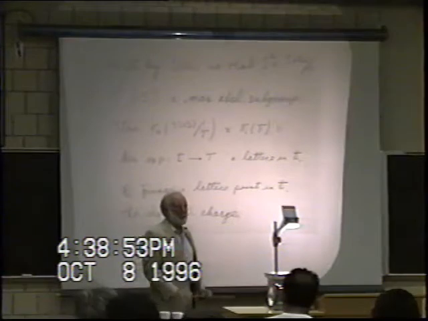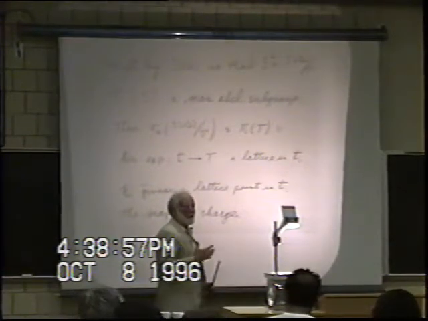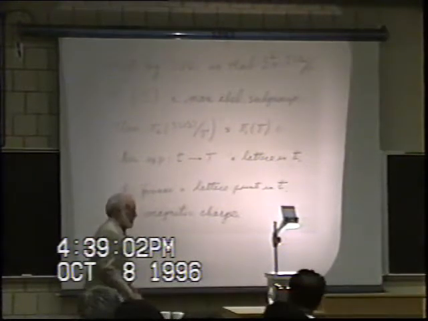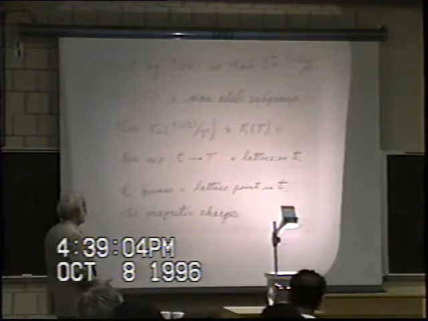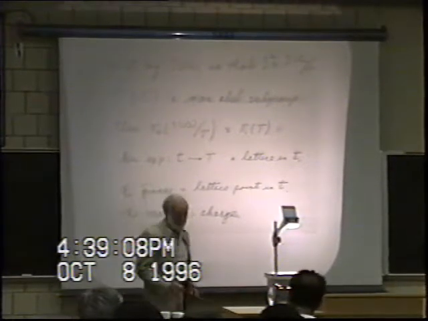The generalization of this will be that the lattice of points, which is the kernel of the exponential map from the Cartan subalgebra to the Cartan subgroup, those points will correspond to magnetic charges in general.